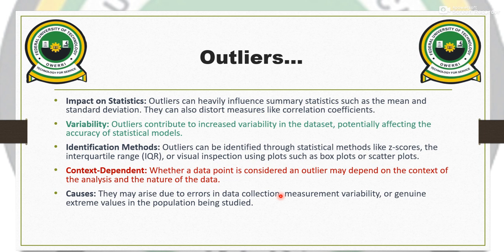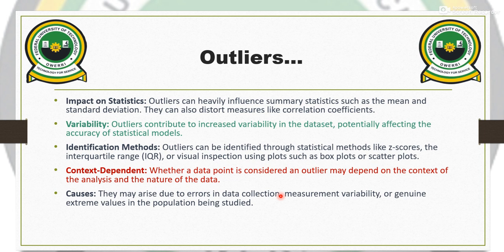Okay, now when we talk about variability, outliers contribute to increased variability in the data set and potentially affect the accuracy of statistical models, and that's another reason why we must deal with outliers.